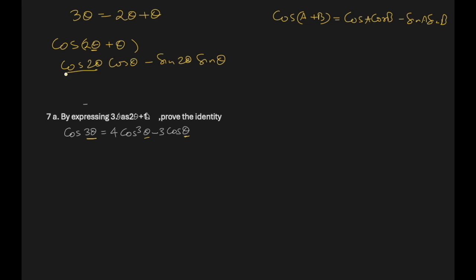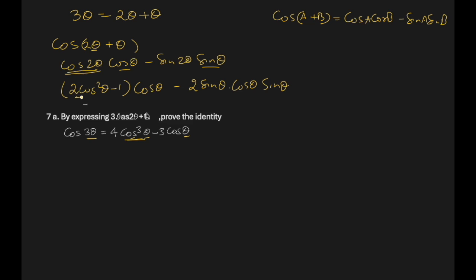We want cos cube theta here, right? So we can use the one which is 2 cos square theta minus 1. This is another identity: cos 2 theta is equal to 2 cos square theta minus 1. Then we have cos theta outside this one. Minus sin 2 theta can also be written as 2 sin theta cos theta, and sin theta is extra, so it will be written here more.